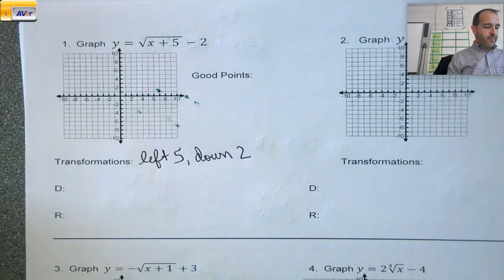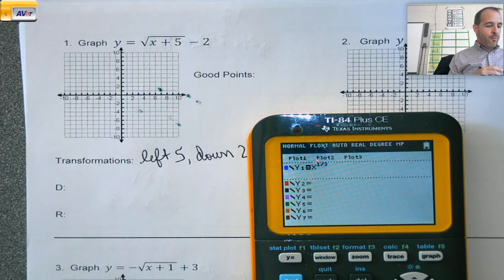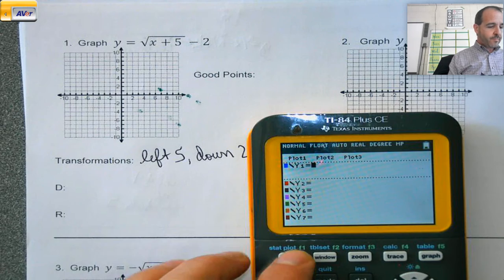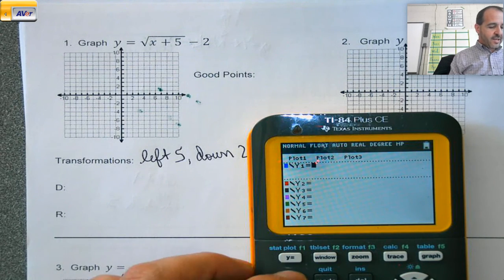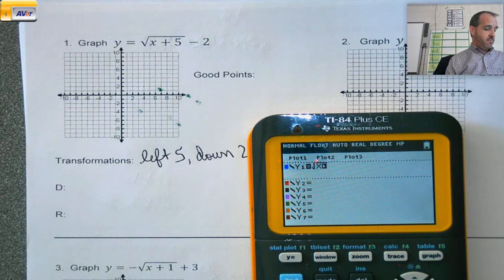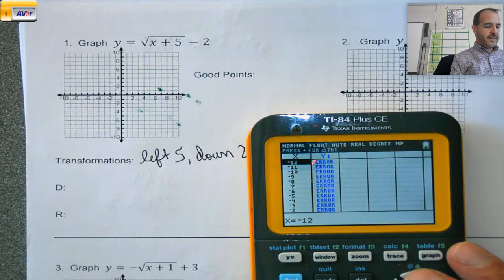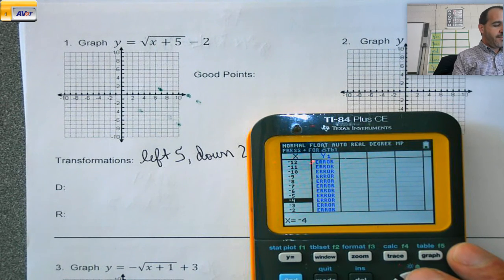Now we're going to see something here in a minute that I'm hoping you're going to notice. So here's what we're going to do. We're going to pull this up, and I want you to do two things for me this time. We're going to do something a little different. Okay, so second and x squared will give me my square root. Just type in square root of x again for a minute. Okay, we're going to put this up, and I want you to pull your chart back up for a minute. I know we just did this. Oh, error, yeah.